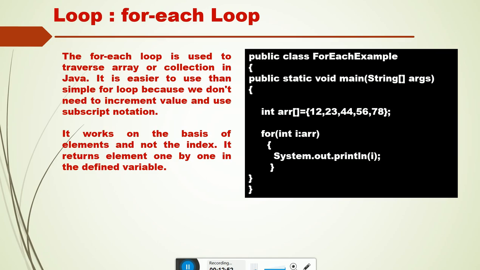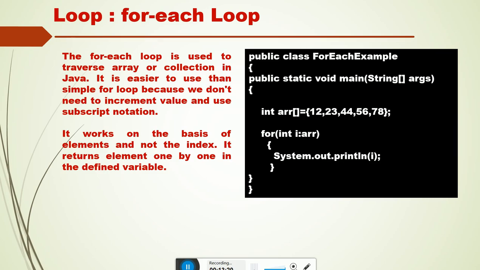The for each loop we can use on a collection to access each and every element of the collection. That is the traversing concept. I hope it is clear to everyone. And this is the main difference between the simple for loop and the for each loop.